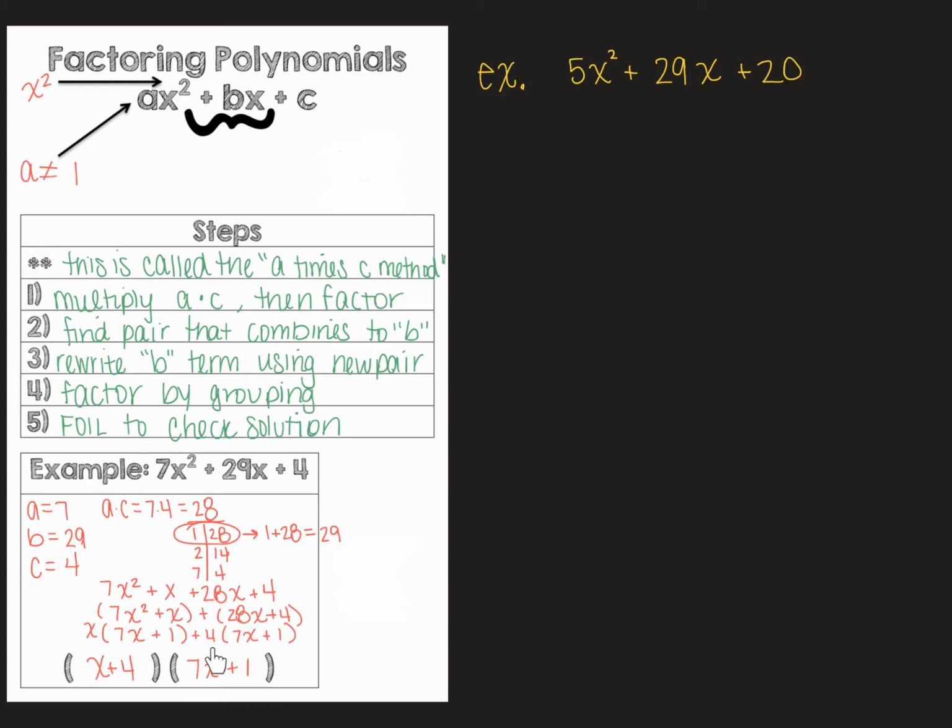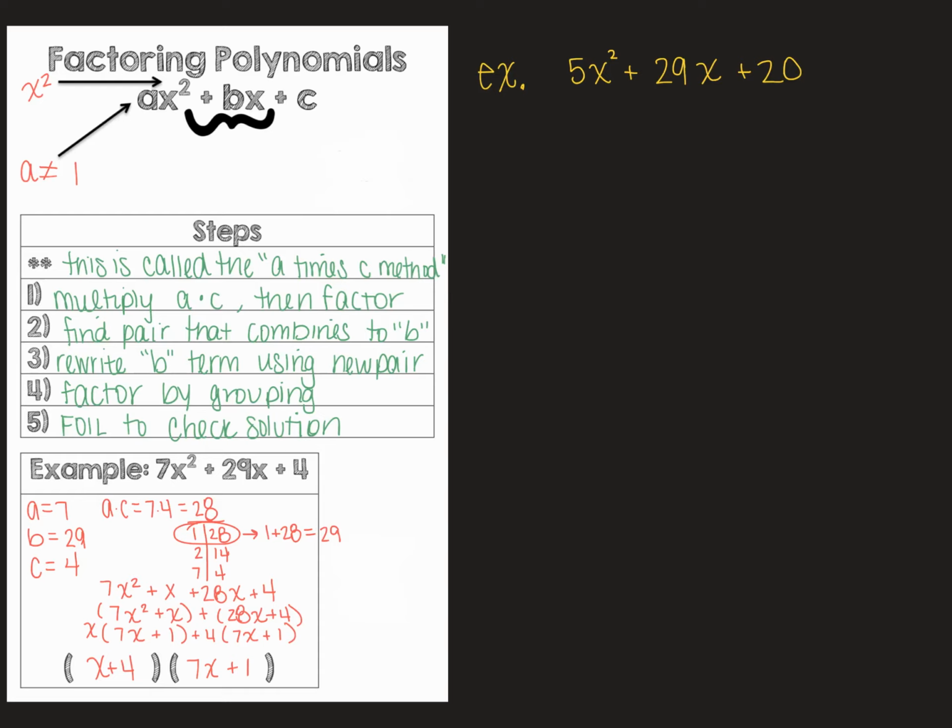Over here, their GCF was only a 4, so we pulled that out from each term. If you need help on this step, this is that factoring by grouping step. When you write your solution, you write whatever you've pulled out, so your x plus 4, and then whatever was left over, which was your 7x plus 1. Notice how these were exactly the same. And again, that goes back to your factoring by grouping. And that's the only way that this will remain 7x plus 1, and it will work.